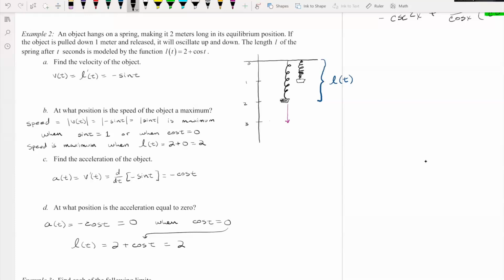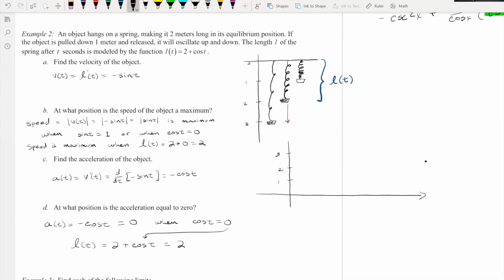And at its longest, it's going to be 3. Okay, not the greatest drawing, but hopefully that gets the idea across. And it just keeps going back and forth, back and forth. And so what we end up with is the length goes from 2 to 3 to 1.